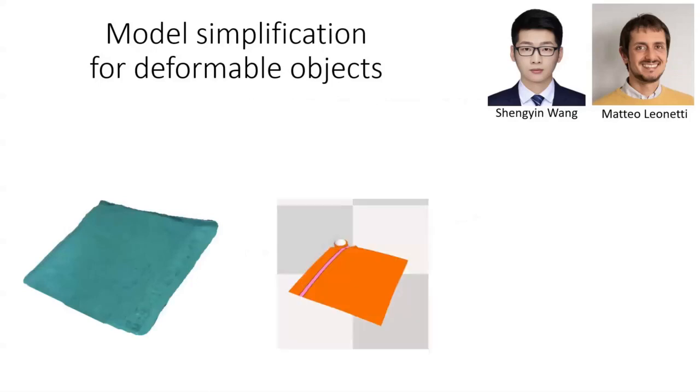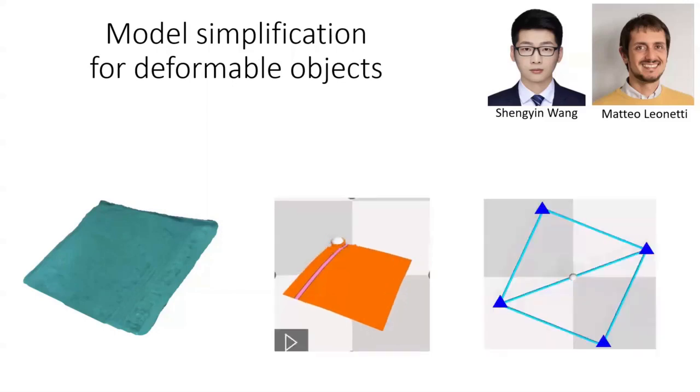So if you have a towel like this, and you want to plan to fold the towel like that, for example, if you actually use the original model of the towel, these are very high dimensional, very computationally expensive. So the question has been, given the task, can we solve a simpler task? For example, can we extract a simplified model of the object like this? The important thing is the simplified model depends on the goal, depends on the task, right?